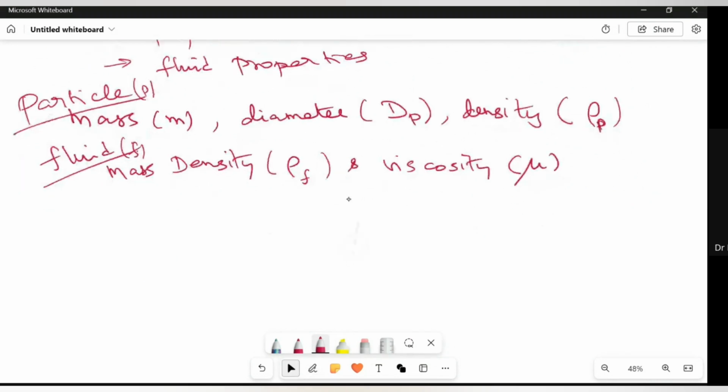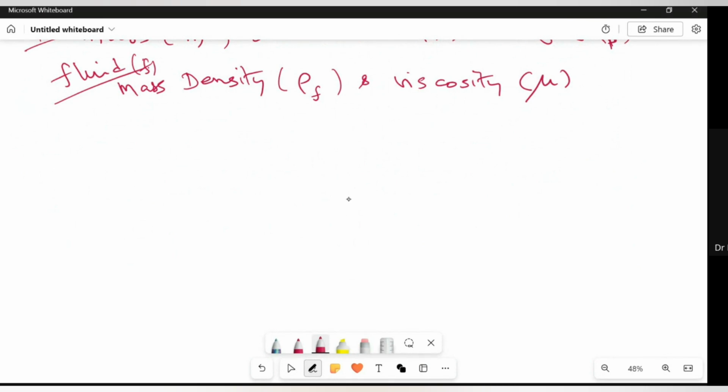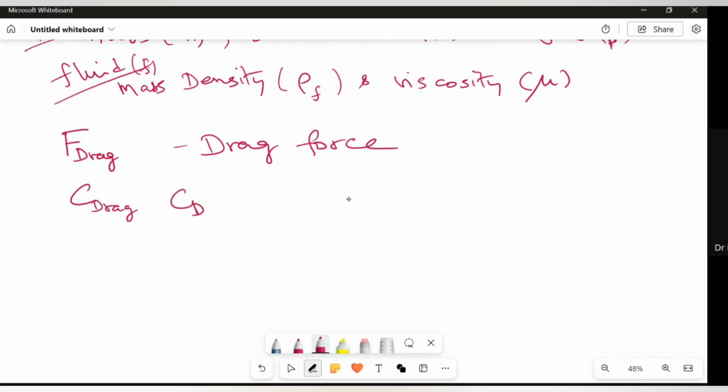Let us consider the drag force. We have to consider three terms which we have discussed already in the lecture class. The drag force FD involves the coefficient of drag, CD. Please refer to the definition.